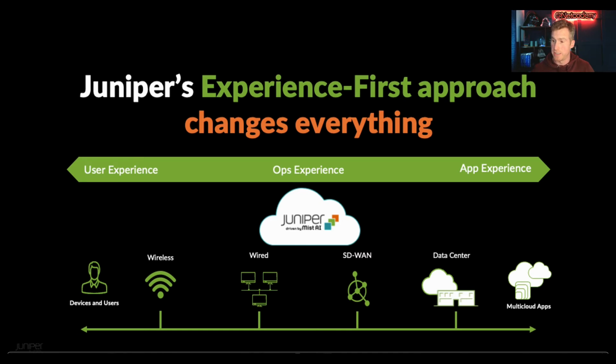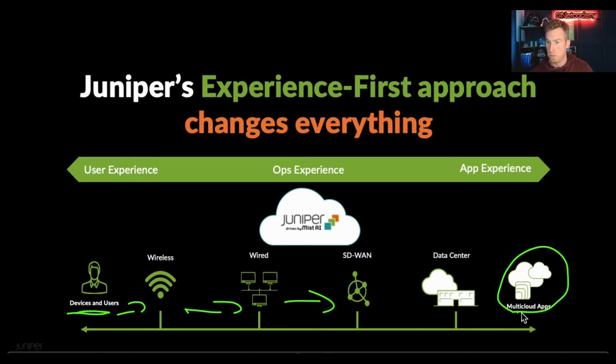But this just really does sum up what Juniper Networks Mist AI, which is now within an AI native platform, is actually doing. And the AI native platform I'll touch on in just a second actually. But we have these devices and users, and this is just a quick recap. They're connecting to that wireless network, to that switch, to the SD-WAN, and at some point the apps are going into the cloud.